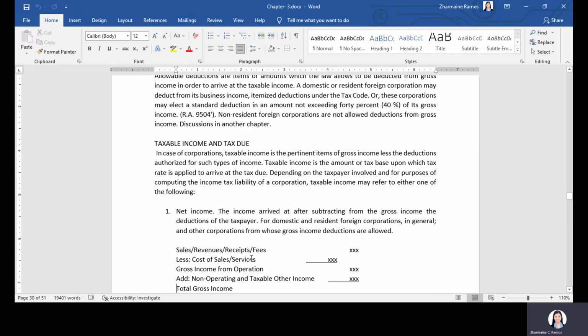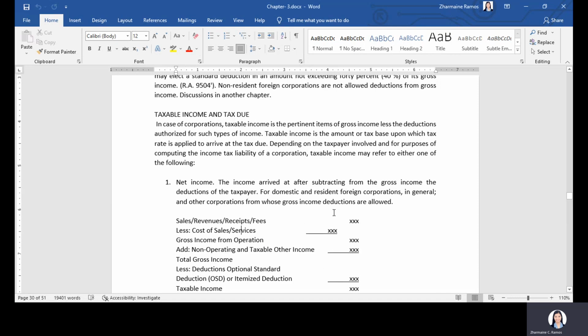So, syempre, sales mo, revenues, receipts, or fees, ito, less mo yung cost of sales mo. Ang tawag doon ay gross income from operation at operating and taxable other income.